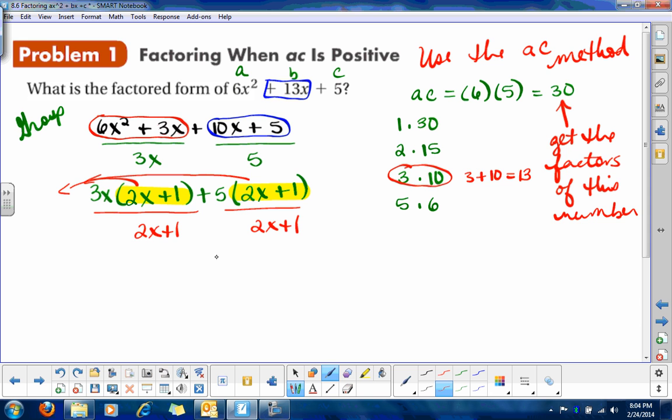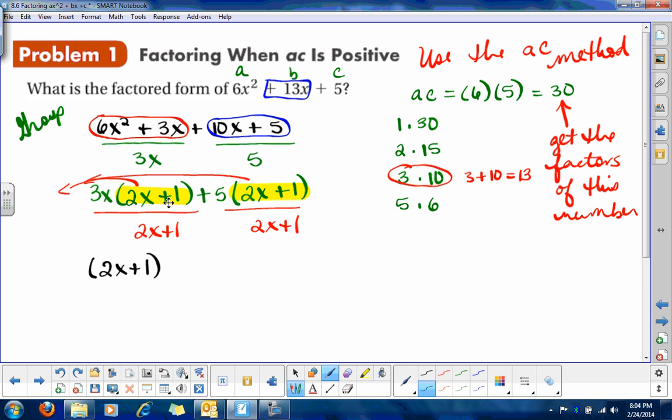Okay, so when we do that, the 2x plus 1 goes on the outside of the parentheses. So there's a 2x plus 1. Let me write that in a different color. We're going to factor out the 2x plus 1, and then we'll have to see what's left.